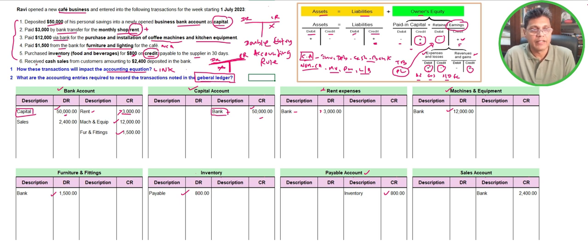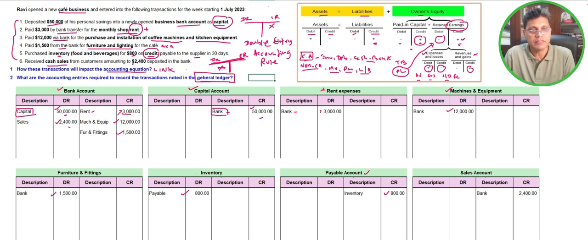Then received cash sales from customers amounting to 2400 deposited in the bank. Now this is a cash sale. When you sell on cash, the company will receive cash. So an increase in asset. So the bank balance will increase by 2400.